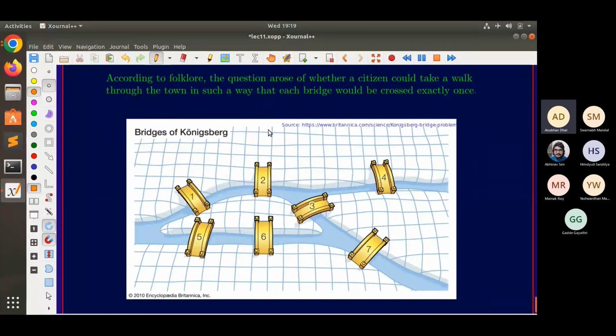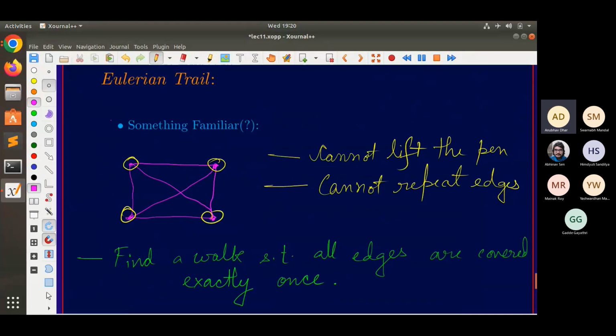So you have some structure like this, and you are asked to walk around starting from anywhere and ending at anywhere. You can use these bridges exactly once, and you have to use all the bridges. So it turns out that neither this problem nor this problem can be solved.